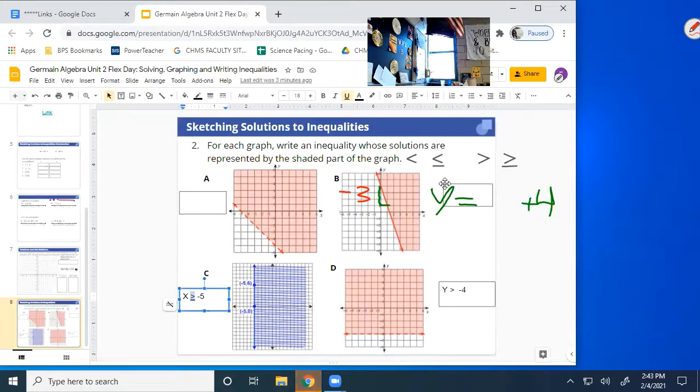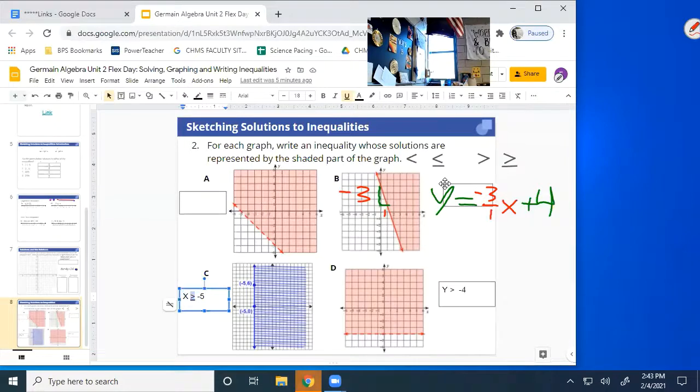What is my run here? Dillo. 1. Yes, very good. So I have a rise of -3, a run of 1. If I write that as a slope, what would it be? -3, very good. Or you could write it as -3 over 1x.